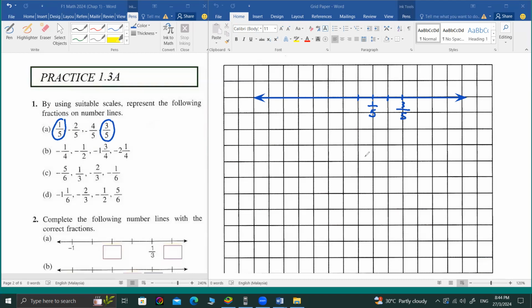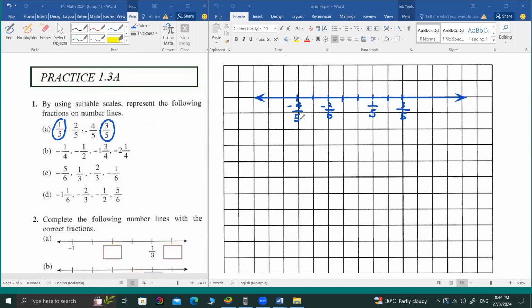Then you go negative one. If this is 0 already, right? Negative 1 per 5 not given. Negative 2 per 5. Negative 3 per 5 not given. Negative 4 per 5. So you follow accordingly.